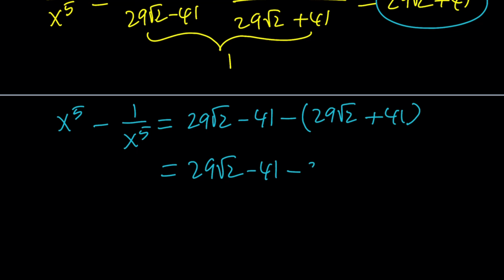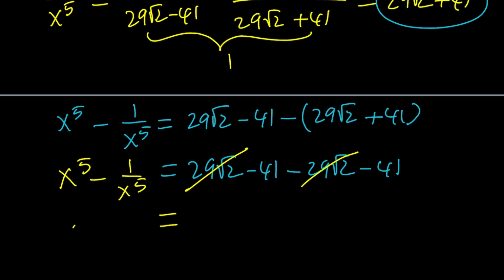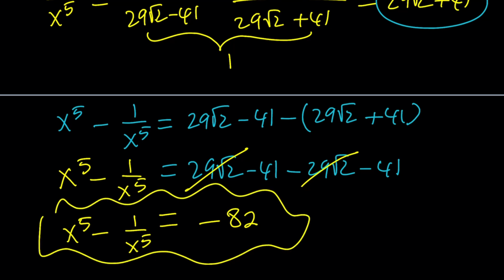And that gives you minus 29 root 2 minus 41. 29 root 2 cancels out, which is nice because we get rid of the radical. And the answer becomes a negative number, which shouldn't be a surprise. Negative 41 minus 41 should be negative 82 as the answer. Okay, so that's the answer.